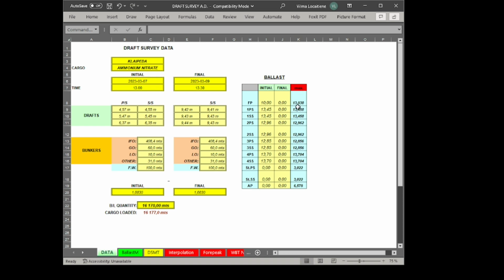It means the maximum soundings, and there are real soundings which were found together with the chief officer and draft surveyor.